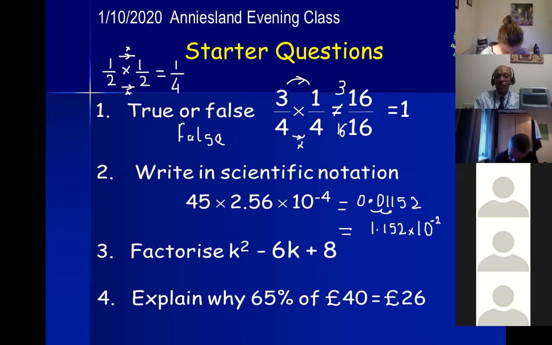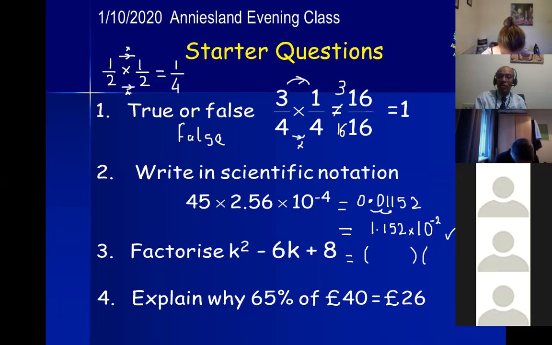So if you try it with your calculator, that would at least show you that you've got it right or wrong. Yep. So that's how we go about it if you're asked to write a number in its scientific notation.